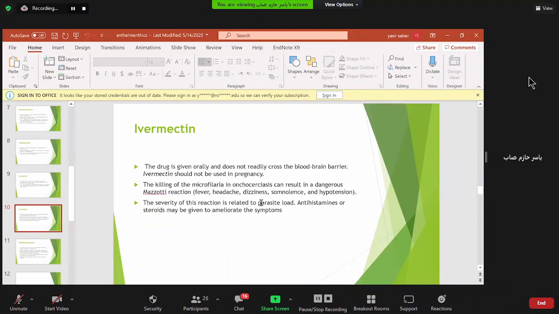Killing of the microfilaria of onchocerciasis can result in a dangerous Mazzotti reaction، اللي هو including fever, headache, dizziness, somnolence, and hypotension.